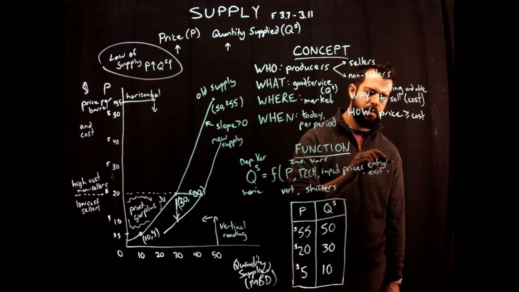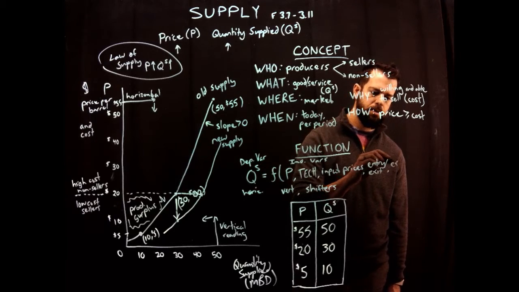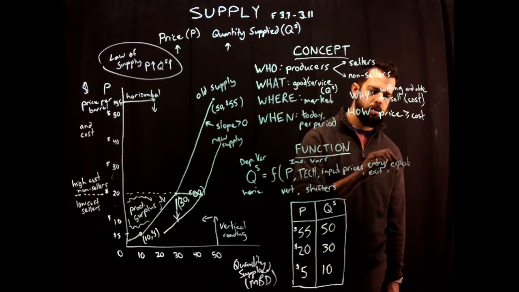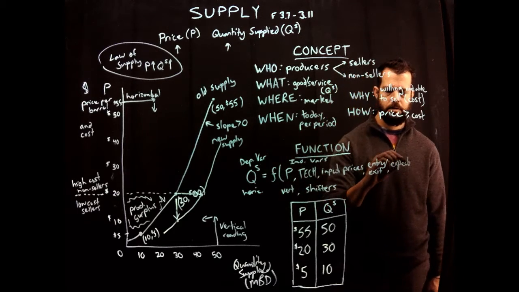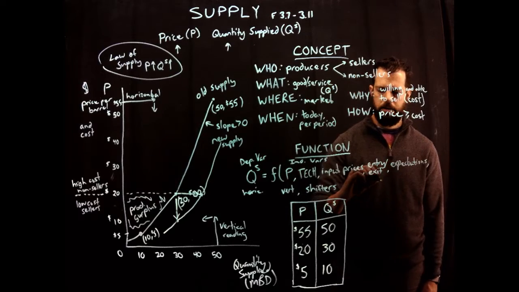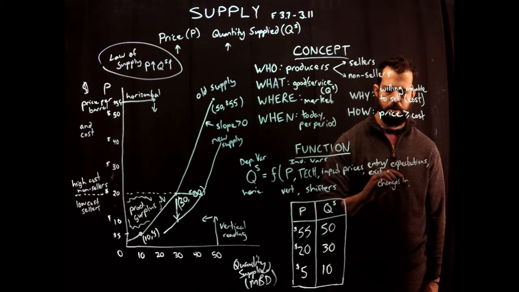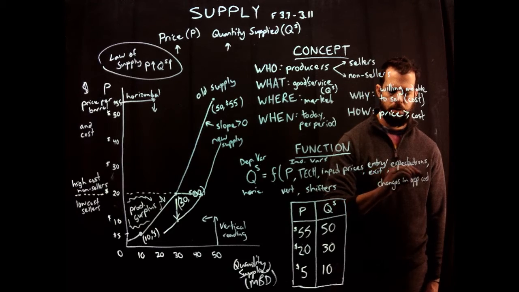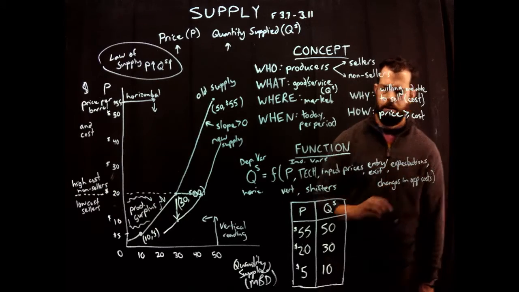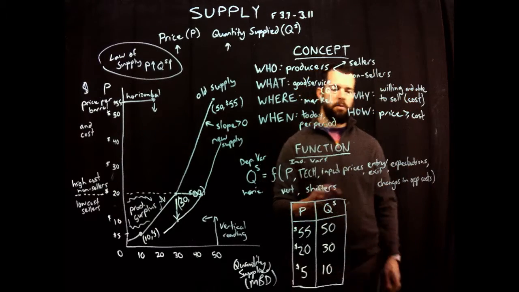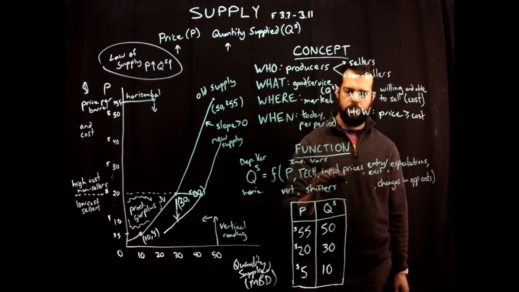Then we've got expectations. And then finally, changes in opportunity costs. Okay. I also forgot one more here. Let's add in taxes and subsidies.